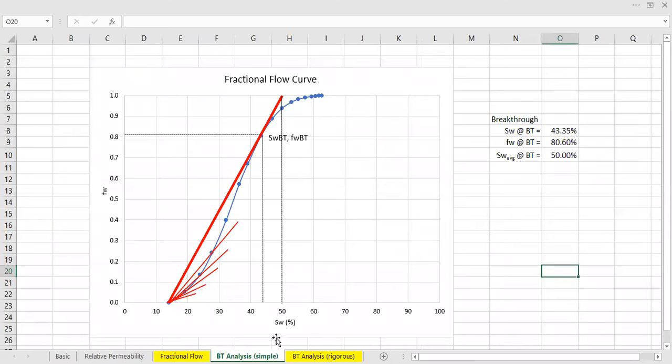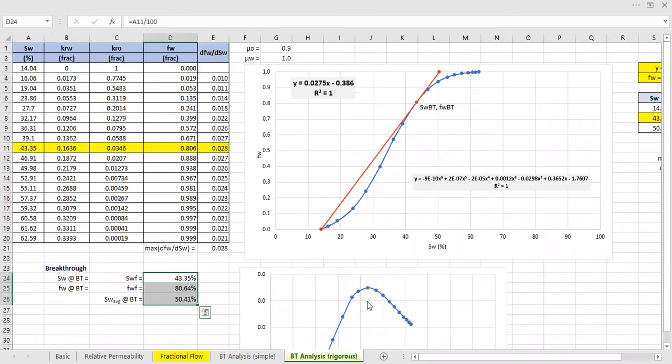We do breakthrough analysis to get the water saturation at breakthrough, fractional flow at breakthrough, and the average water saturation behind the front at breakthrough, using a simple approach of just drawing a line, and a little more rigorous approach using derivative and the equation of a line to get the same result. Okay, so I think that's all.